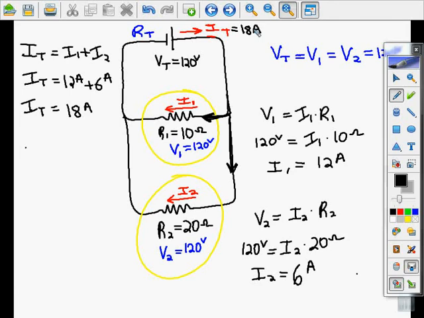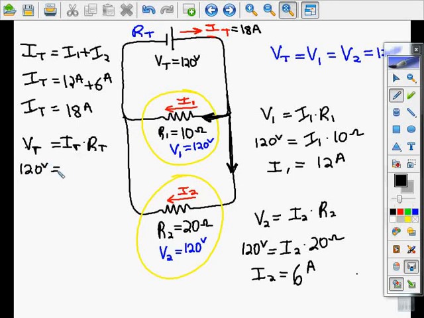Anyway, last but not least, we can calculate the total resistance, and there's actually 2 different ways of calculating it. Let's first look at the easier way. Because we have 2 out of the 3, VT equals IT times RT. We have 120 volts.